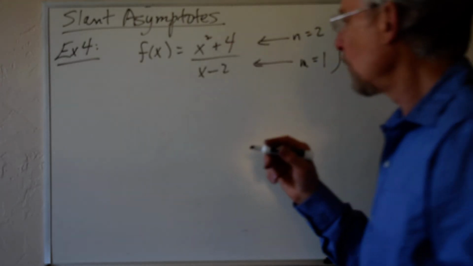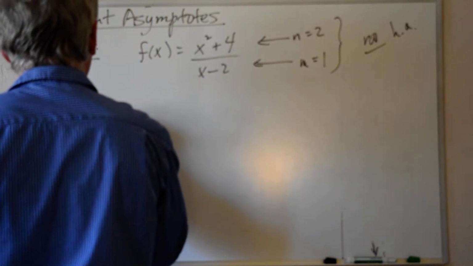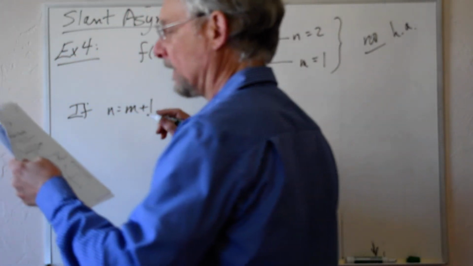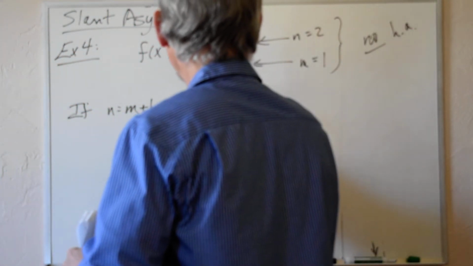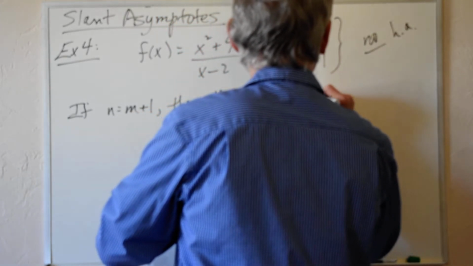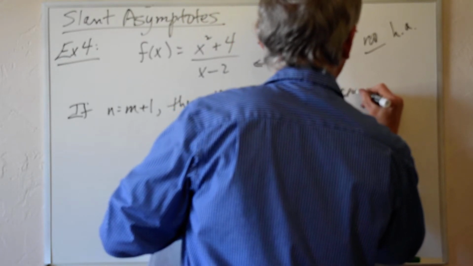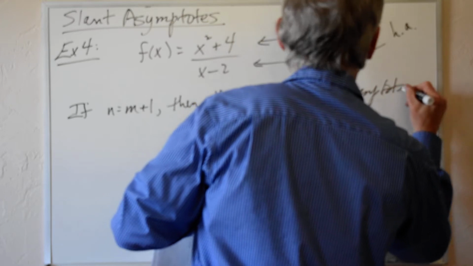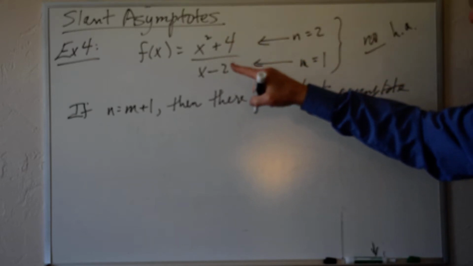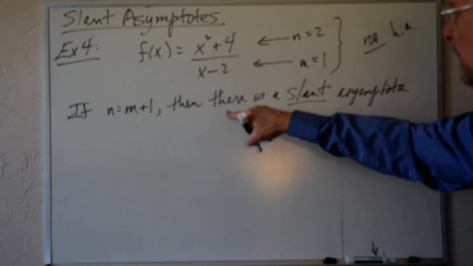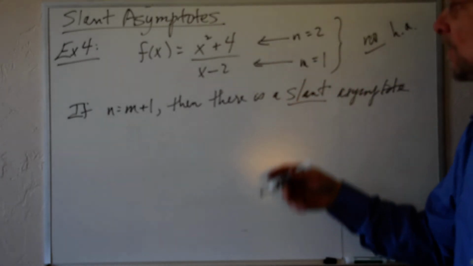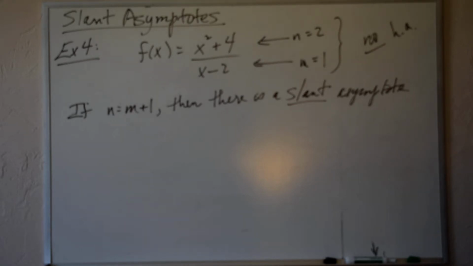But it turns out that if n equals m plus 1, then there is a slant asymptote. So if the degree of the numerator is 1 larger than the degree of the denominator, there is a slant asymptote. That's the case here. So we're going to see a slant asymptote when we graph this function.